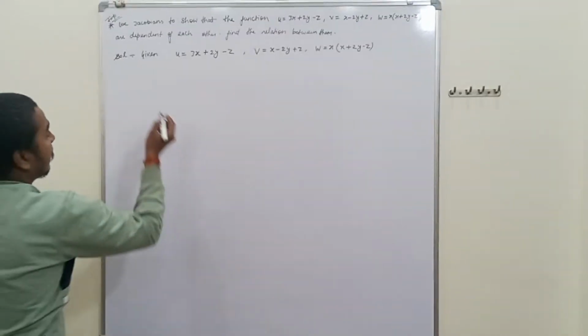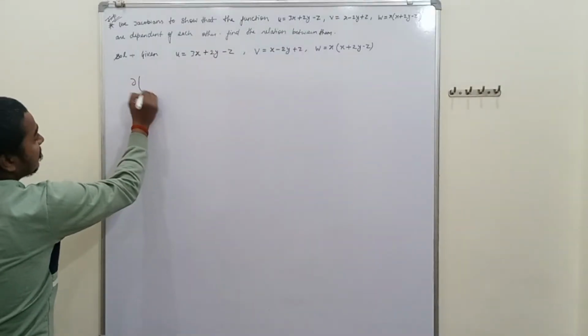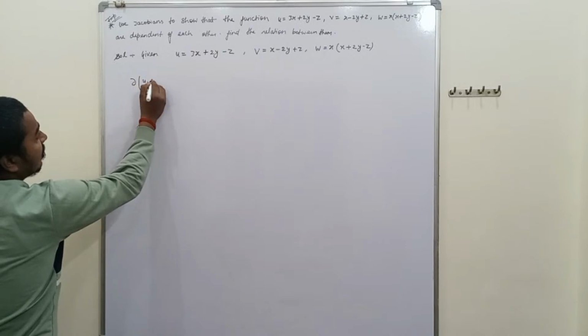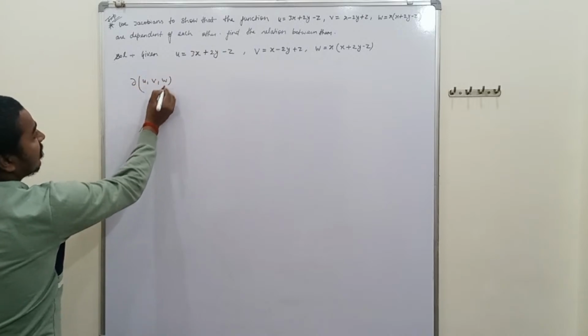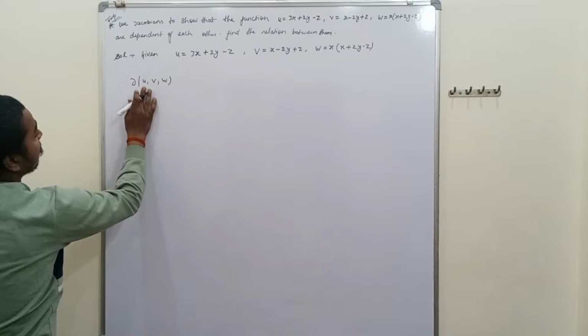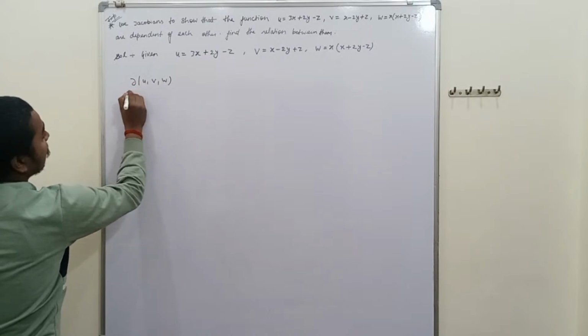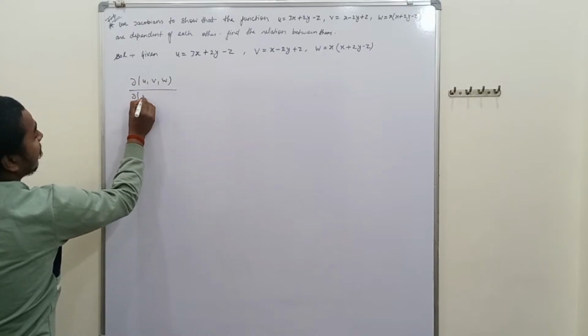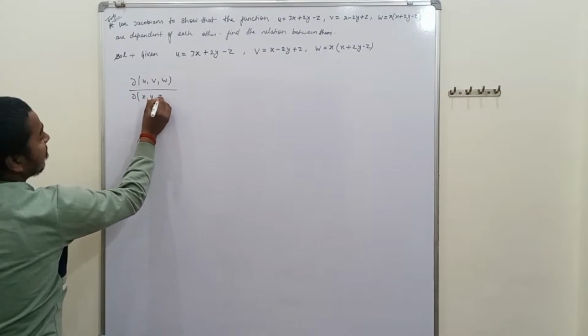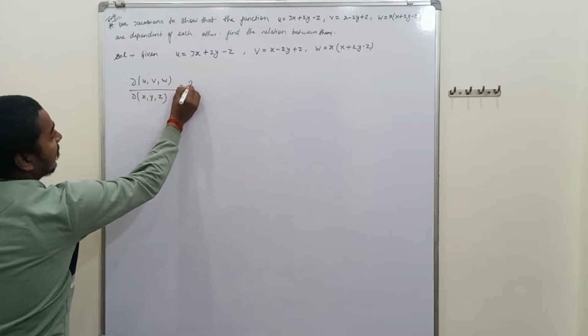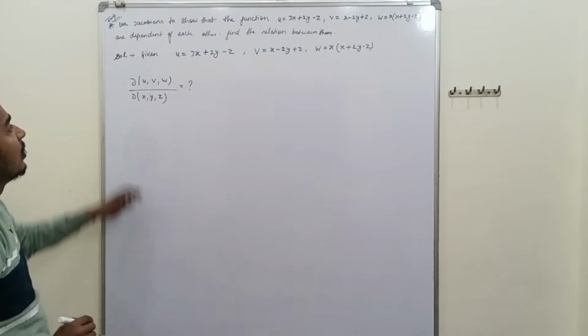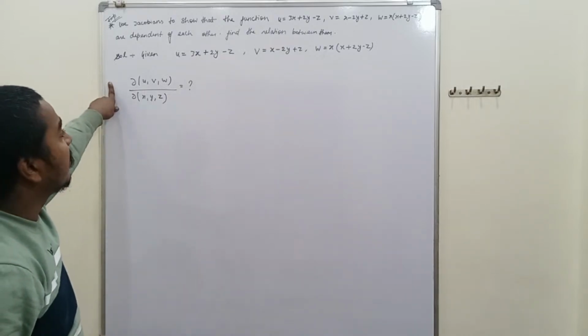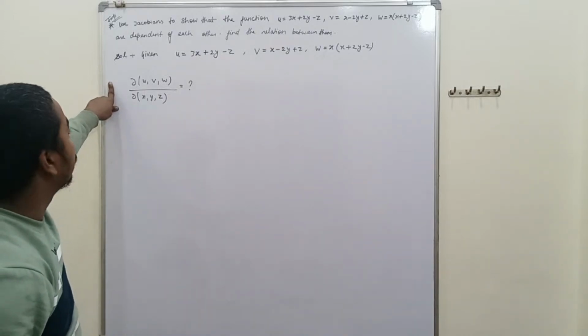First we have to find the Jacobian, that is del of u, v, w upon del of x, y, z. We have to find this and also find the dependence and the relation between them.